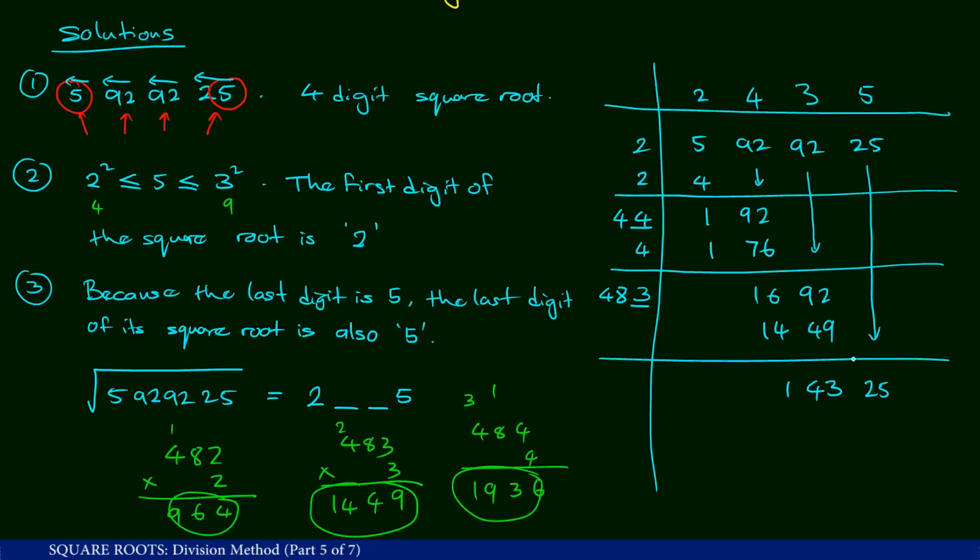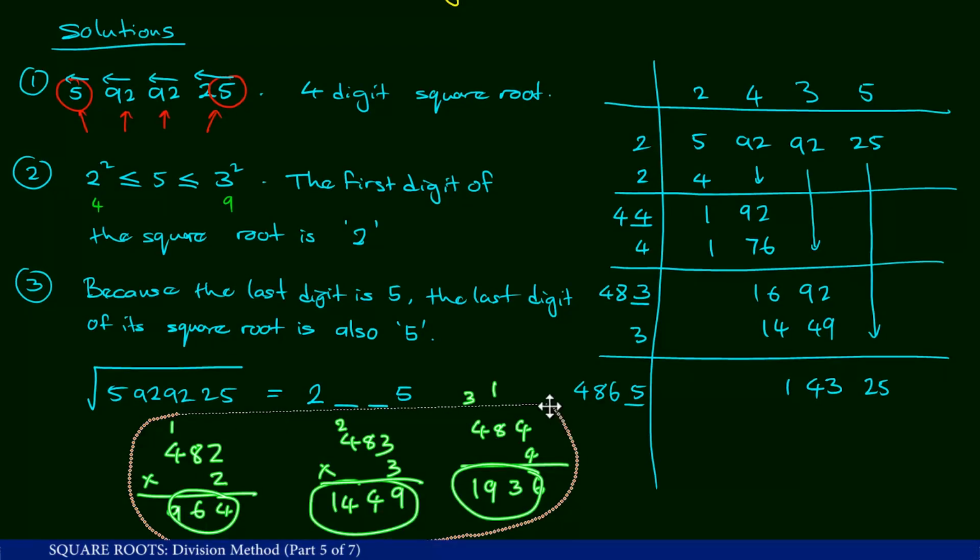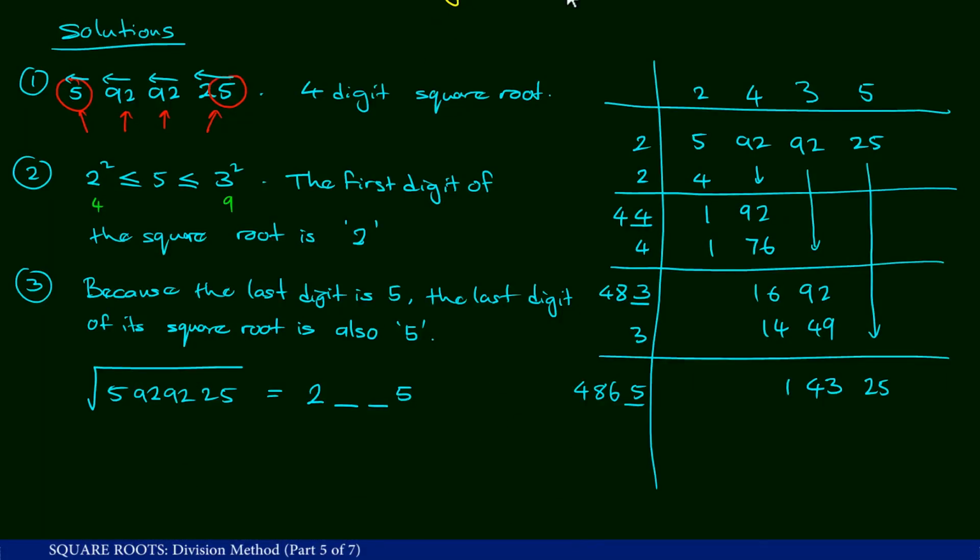Oh, by the way, we have already figured out the last digit, but let's just do it for the sake of completing it. So here, we need to add 3. 483 plus 3 becomes 486. And the next digit is going to be 5. But let's verify whether or not it is correct. Let's do it here in the space. 4865 times 5.